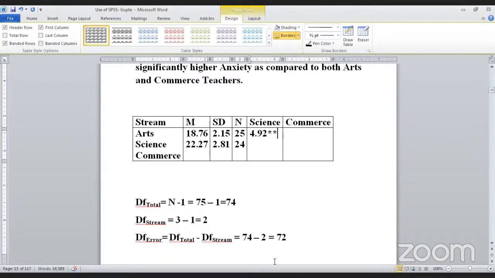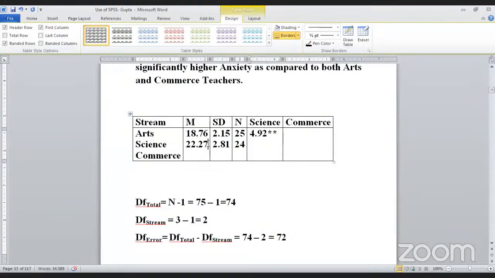Then next is arts and commerce. It is 16.65, the mean, and the standard deviation is 1.65, and here N is 26, and the t value is 3.93, and it is significant.